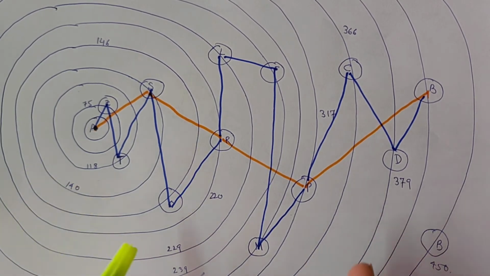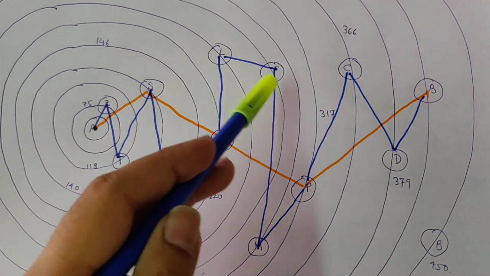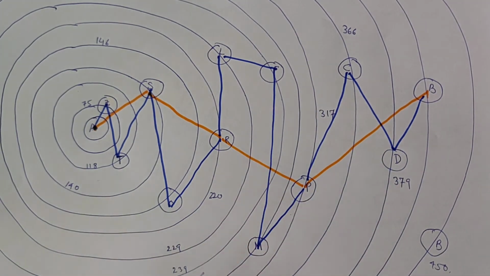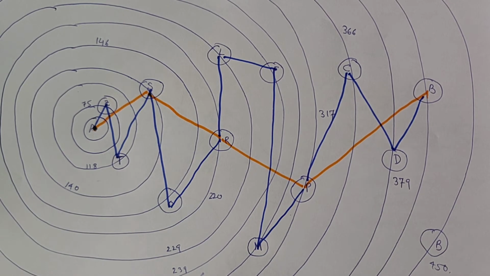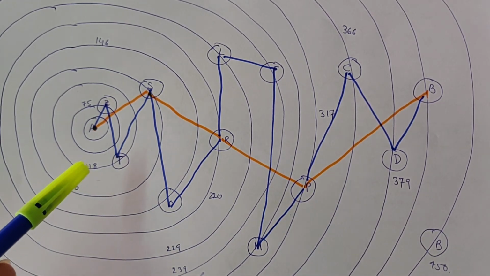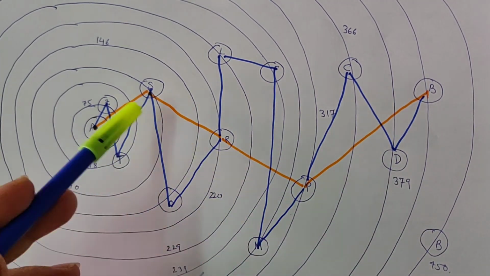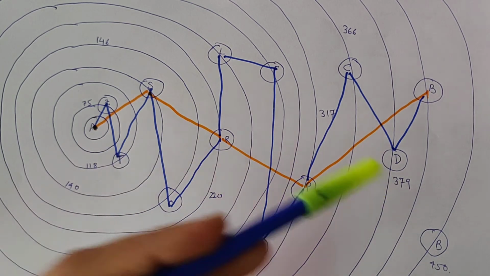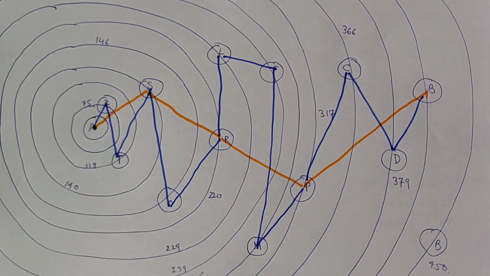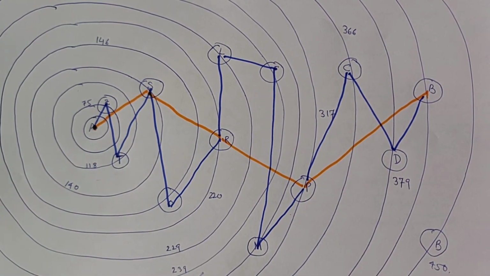We have actually explored many states which were not included in our ultimate path. Which are the nodes in our path? S, R, P and B. S, R and P are the intermediate nodes. A is the start and B is the goal. Anyhow, they will be within our path.